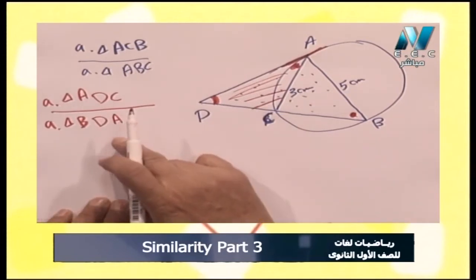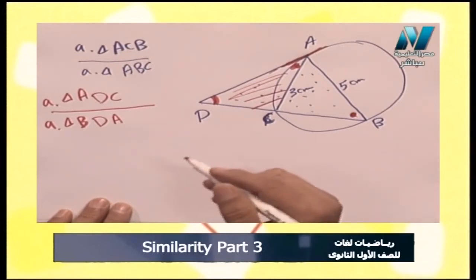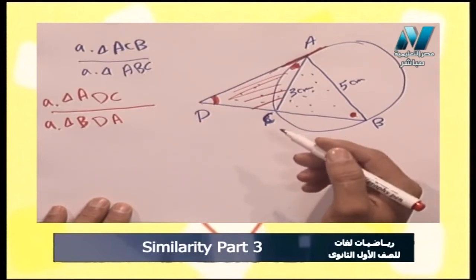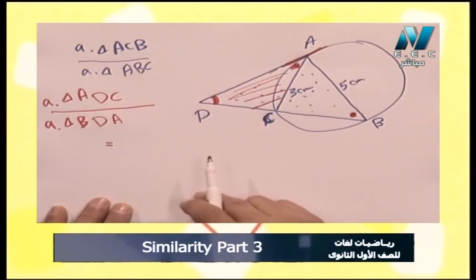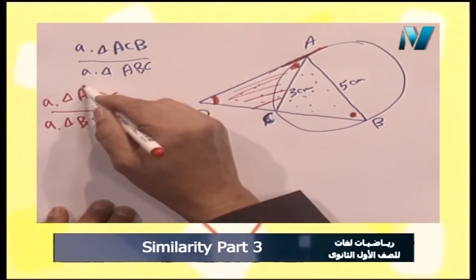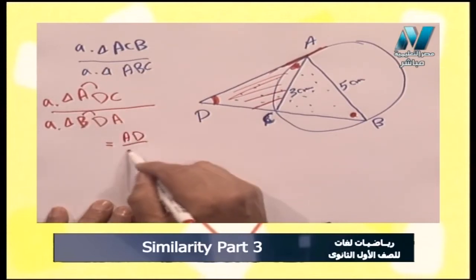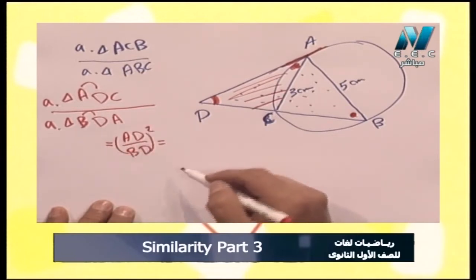The order is very important for us. If you want to find out any ratio between them, we will find that the area here equals the ratio. First ratio is AD over BD, but don't forget it's power 2.